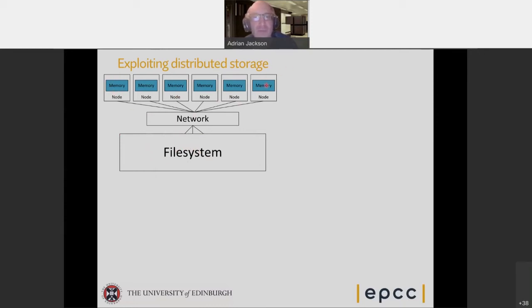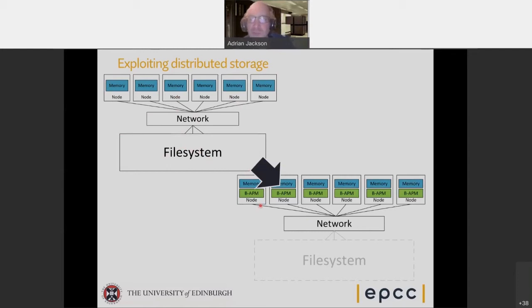And if you run a job on this node over here, it can see all the data in the file system. If you then move across to putting all the data inside the compute nodes, then of course each node is connected together. But if your job is running here and stores its data, and then you rerun the job over here, you're going to have some mechanism for moving the data across between the systems.